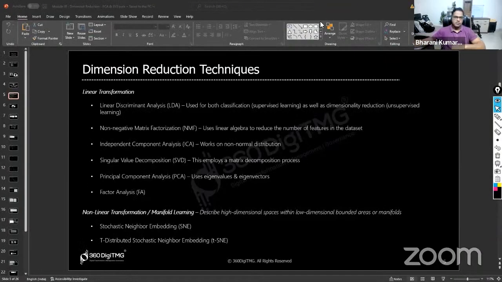I will quickly take a minute here to show something interesting. Okay, so let me share my screen and explain here. So when it comes to dimension reduction techniques, the first point that you need to think about is, which algorithm do I need to use?